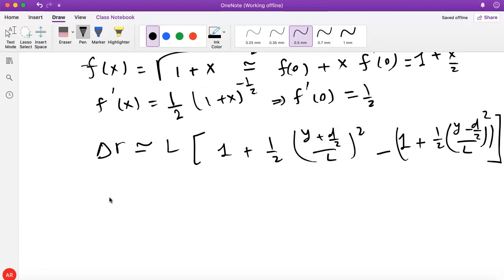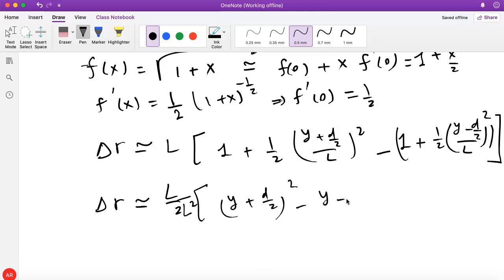So the ones cancel out. I get L over 2 over, let's say, L squared. And then you have y plus d over 2 squared minus y minus d over 2 squared.